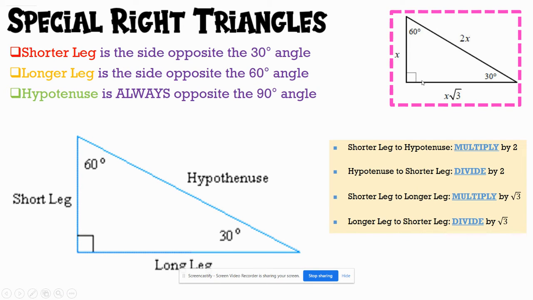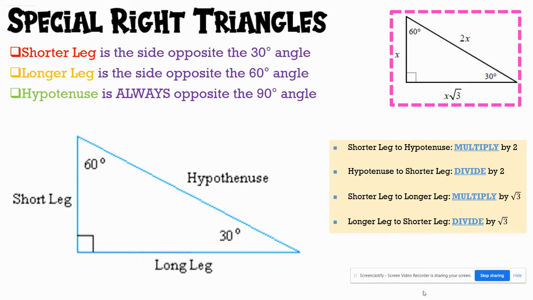Let's take a dive into the parts of this 30, 60, 90 triangle. The side lengths we'll refer to as the short leg, the long leg, and the hypotenuse. The short leg is always across from the 30-degree angle. Always, always, always.